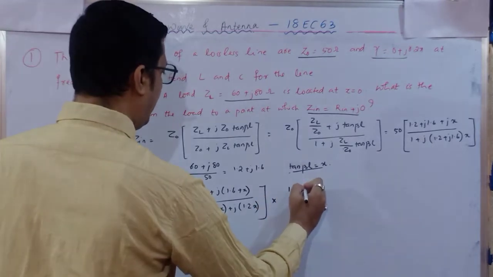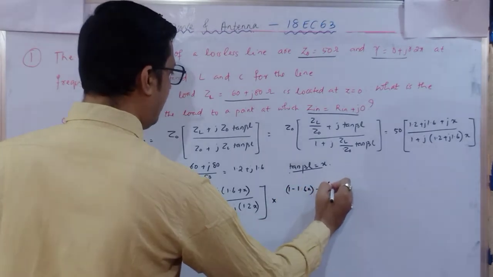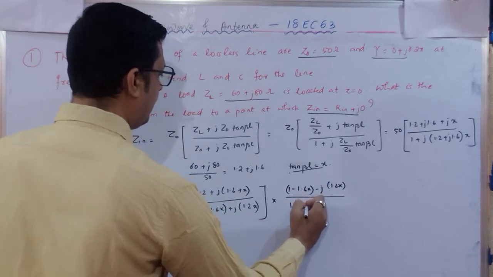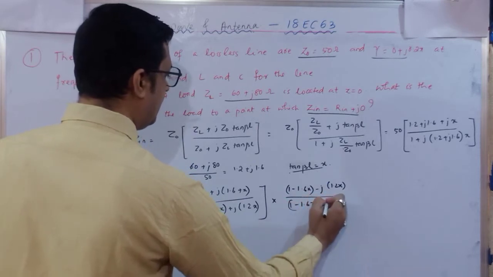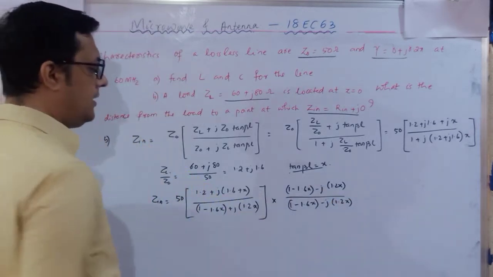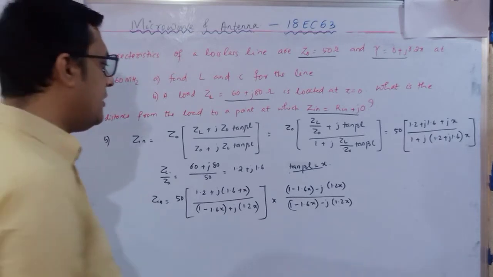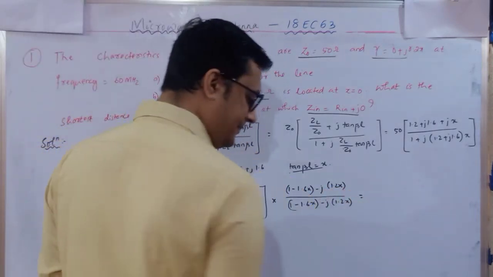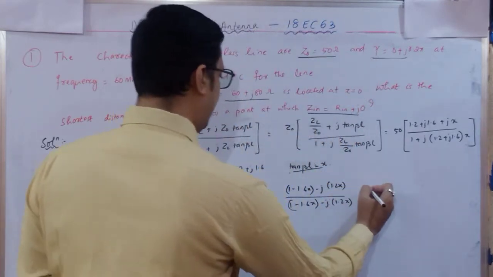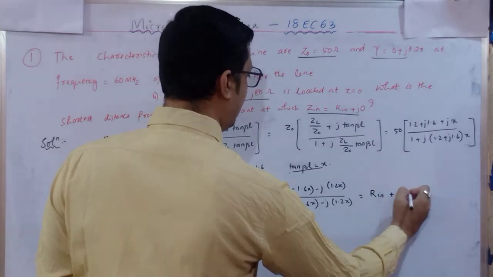So it is 1 minus 1.6 minus J 1.2x whole divided by 1 minus 1.6x minus J 1.2x. Now multiply this whole term with this 50, and you will get Rn plus J0.